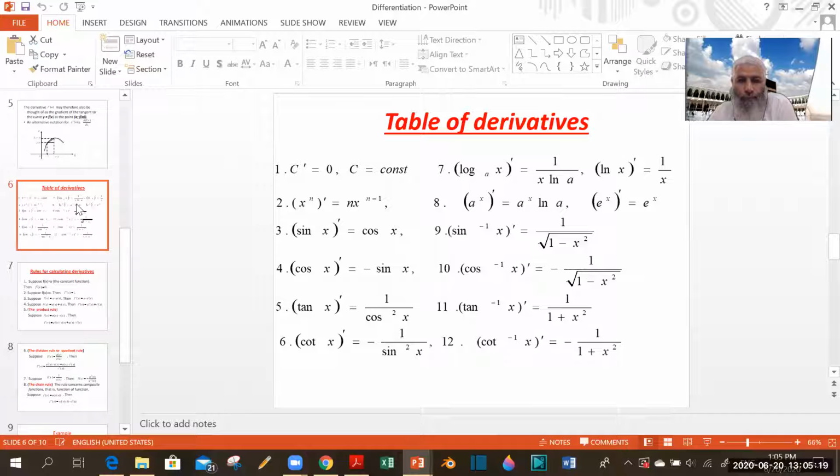The derivative of ln x is 1 over x. The derivative of x power n is n times x power n minus 1.